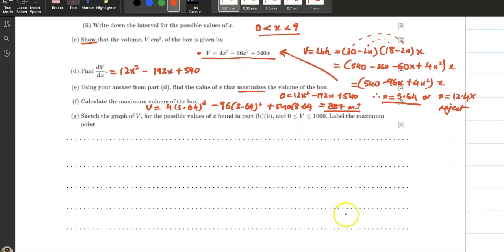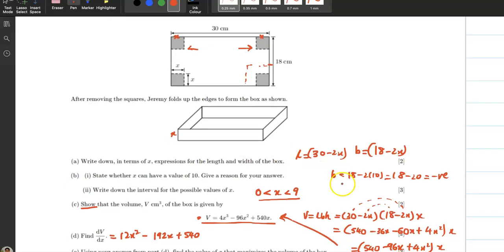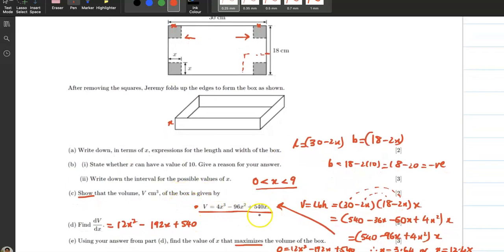Sketch a graph for the possible values. 4 marks for sketching the graph. So x and volume. Now listen. Where is the formula which I put in? This one, volume: 4x cubed minus 96x squared plus 540x.